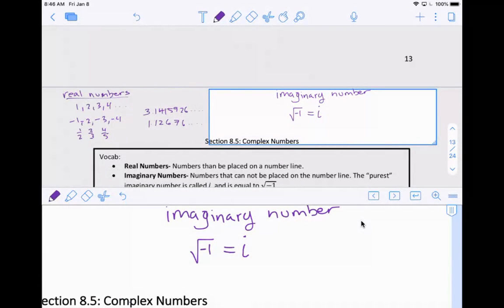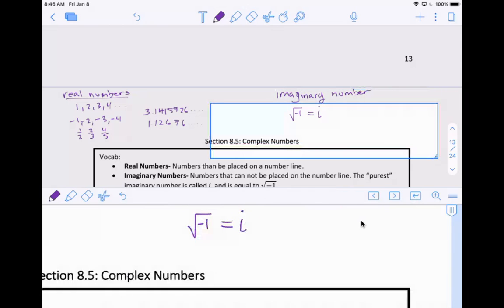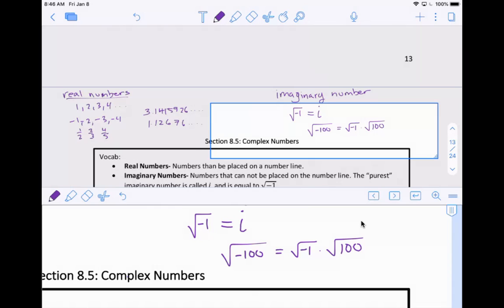There's really only one of them, because this is the only thing that has to exist, but then also doesn't at the same time. You can take this imaginary number and combine it with real numbers and actually solve things like that one we just saw. So the square root of -100, we could actually solve this now if we take out the i part. So if I rewrite this as -1 times 100, and we'll revisit this again in just a moment, but this is where you find out there's only one.